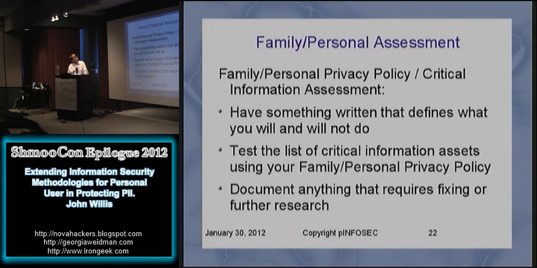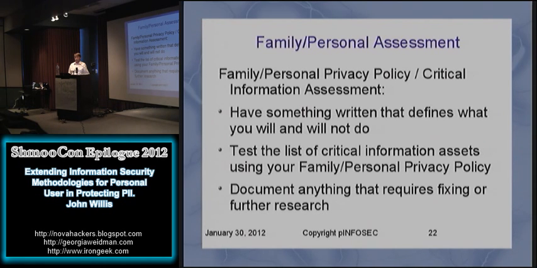So if you're doing a family personal assessment, basically this is saying that you should really have a family privacy policy. In other words, of the information and the different categories, is there certain information that you just will not disclose to certain people or at all?